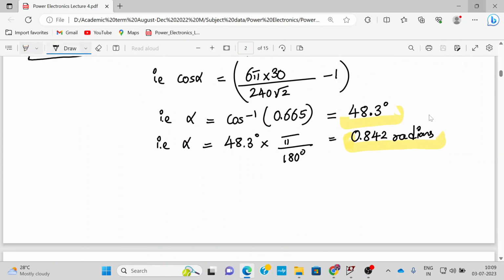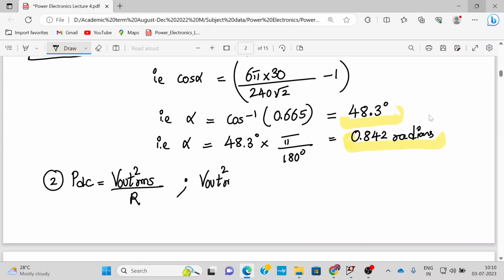Now next point, let us calculate the value of PDC or P out. So it is given by V out RMS square divided by R. All right, so that's the value given to you. Now that means you have to calculate V out RMS square.